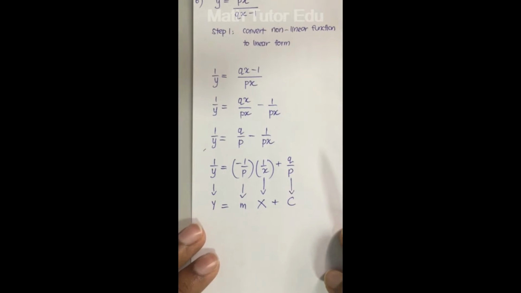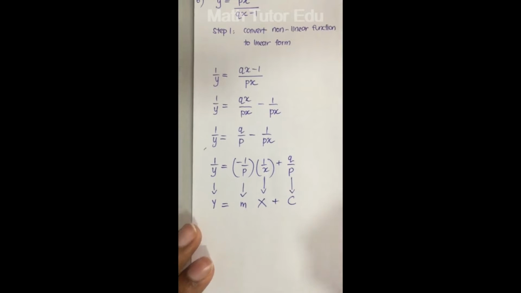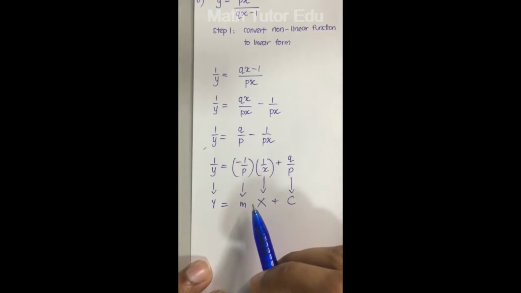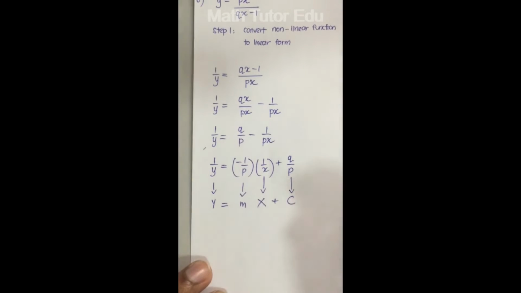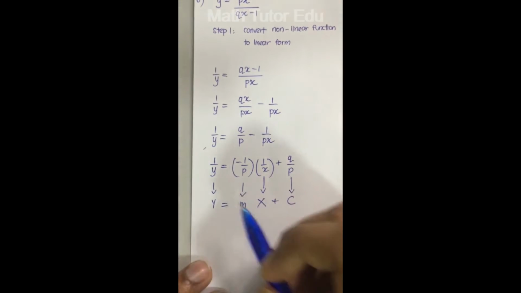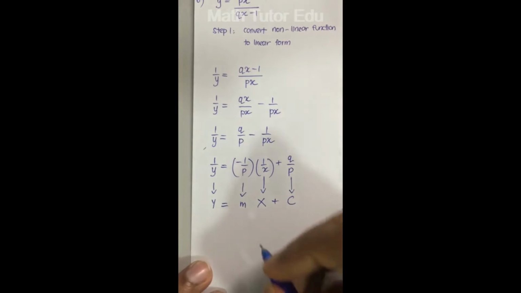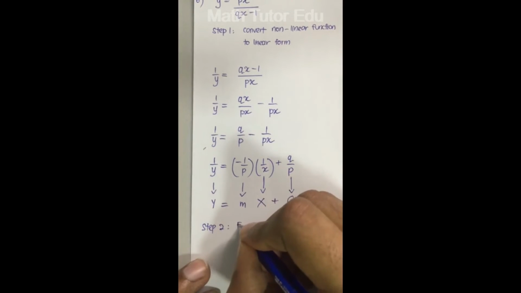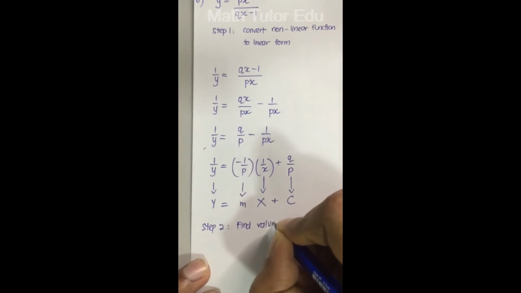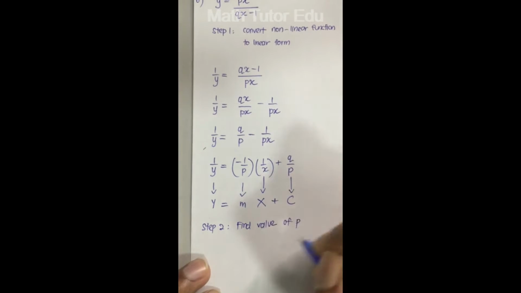Once you have done the conversion, the next step is to find the value of p. How are you going to find the value of p? In the question, they already give us the gradient, which is 1 over 8. Gradient m is 1 over 8, and we have found in the expression that it is negative 1 over p. So we can do the comparison. Negative 1 over p equals 1 over 8. Let me write the step here. Step 2: find value of p.